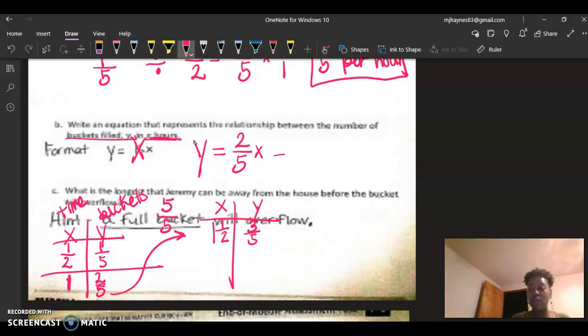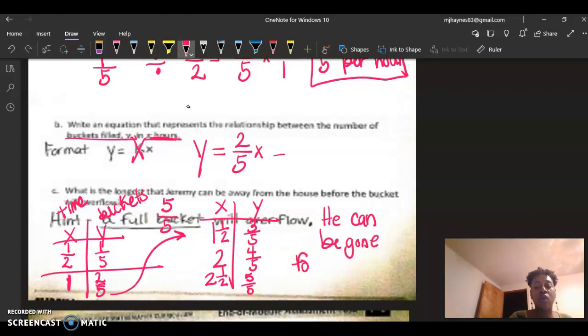Every half hour gets a fifth. In 2 hours, I'm 4/5 of the way full. And in 2.5 hours, adding halves, the bucket is 5/5 full. So at what point does he have to come back home? He can be gone for 2.5 hours. That's just one of the ways that he can do this.